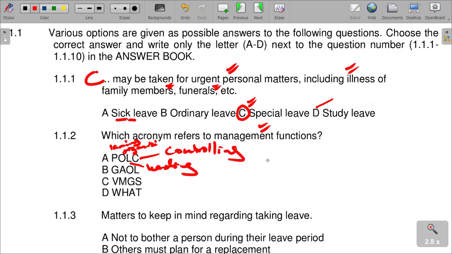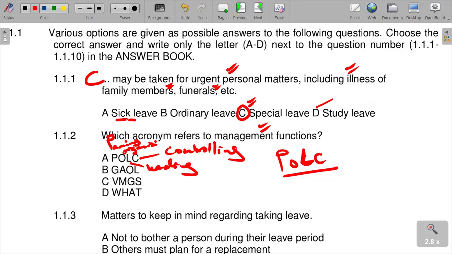So management functions has to do with POLC. POLC is the one that defines management functions. It is defined by A, which means planning, organizing, leading, and controlling.